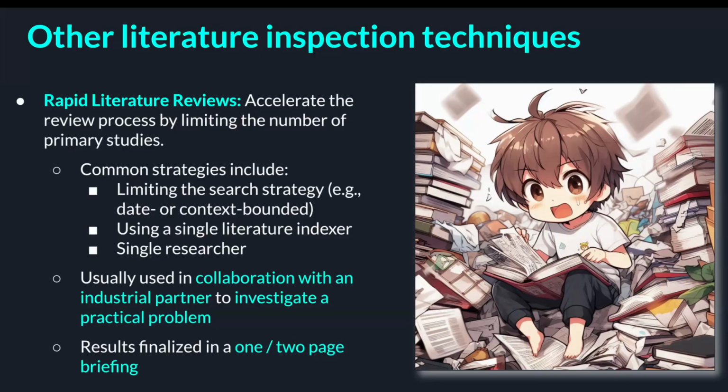Use a single literature indexer, especially if it's not Scholar, because that contains a superset, but maybe just look on Scopus, and that already brings down the number of primaries a lot. Or if you have a single researcher, that's also one of the properties. In most cases you will, but just to give you a more comprehensive definition of what the rapid literature review is.